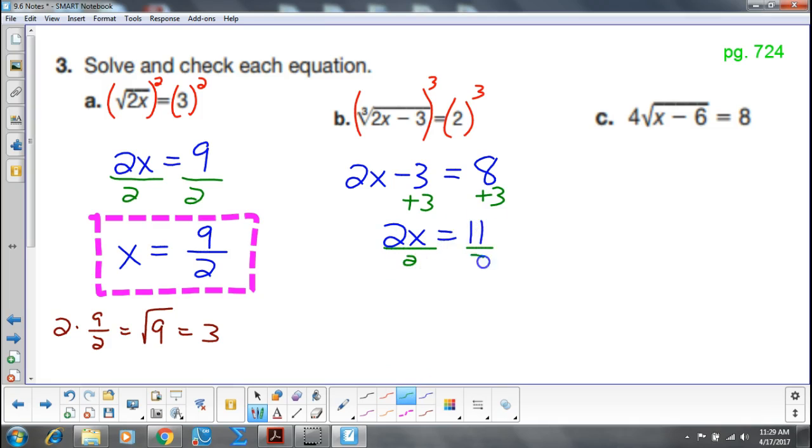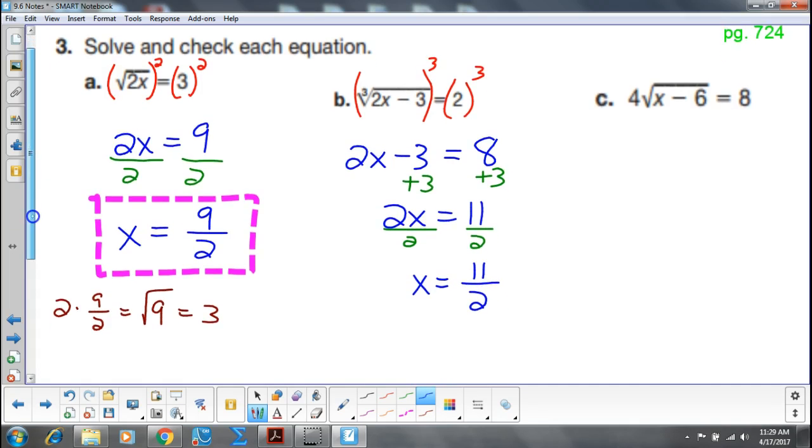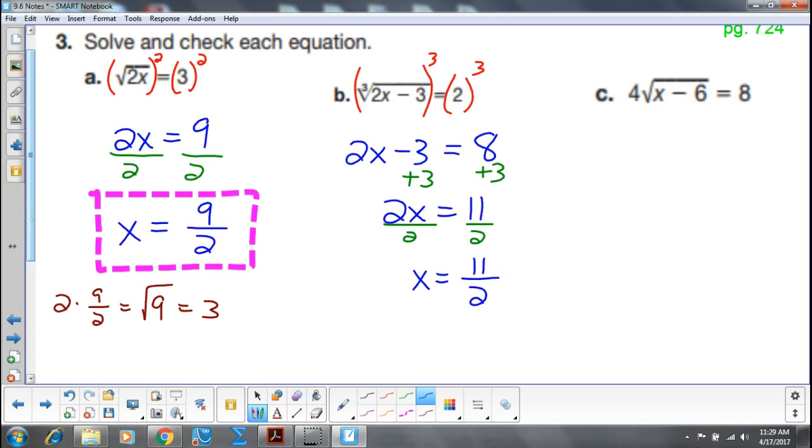Divide both sides by 2. x equals 11 halves. Check. 2 times 11 halves is 11, right? 11 minus 3 is 8. The cube root of 8 is 2. And 2 is equal to 2. So it checks out.